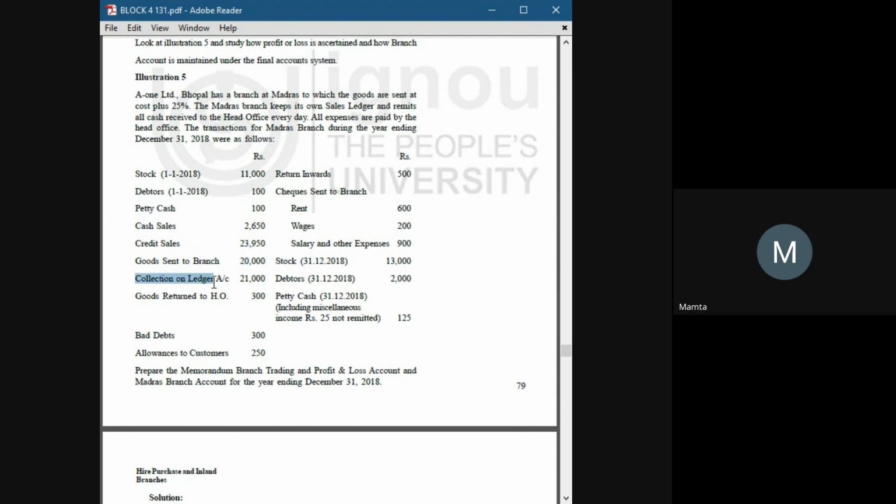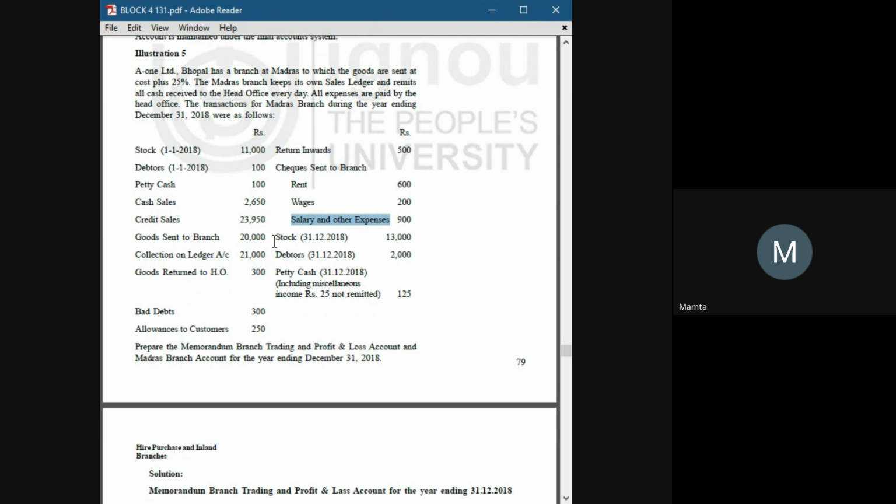Collection on ledger account 21,000. Goods returned to head office 300. Bad debts 300. Allowance to customers 250. Returns inward 500. Cheques sent to branch for rent, wages, salary and other expenses 600, 200, and 900 respectively. Stock at the end of the year is 13,000.